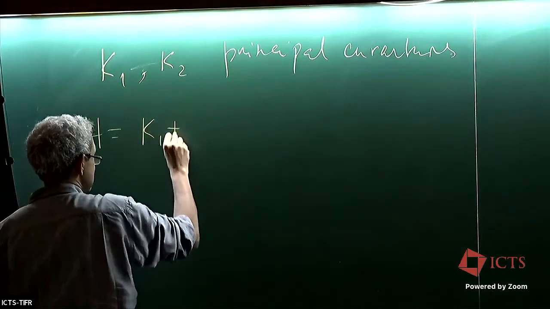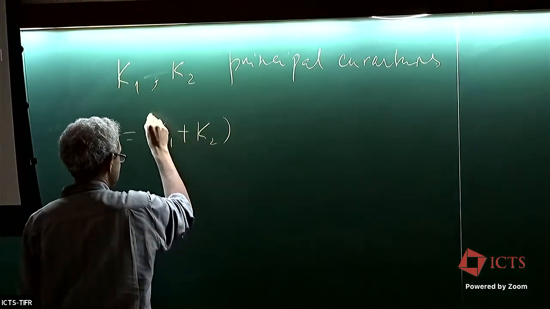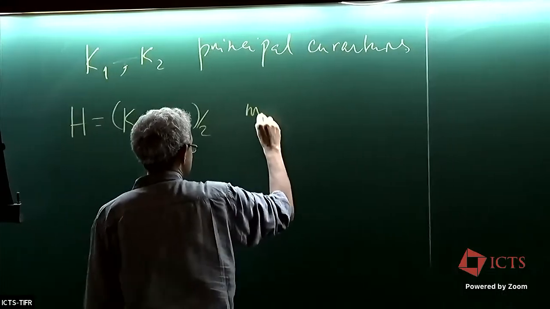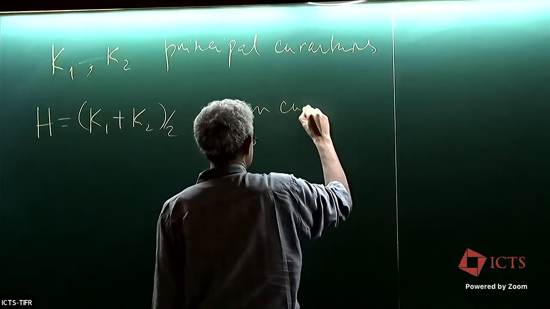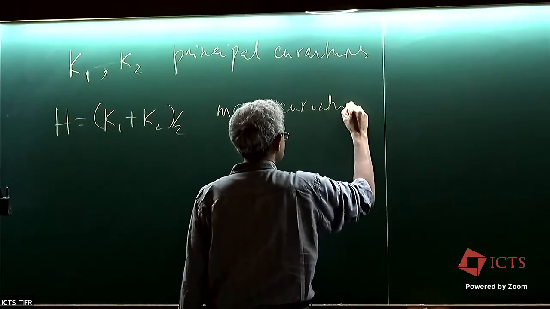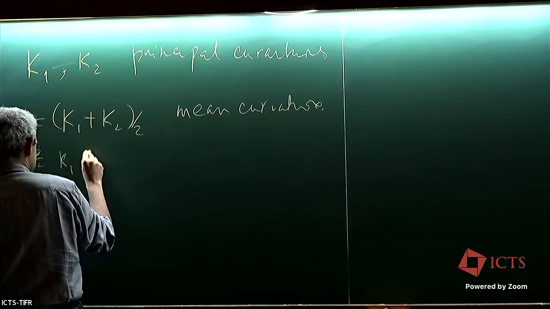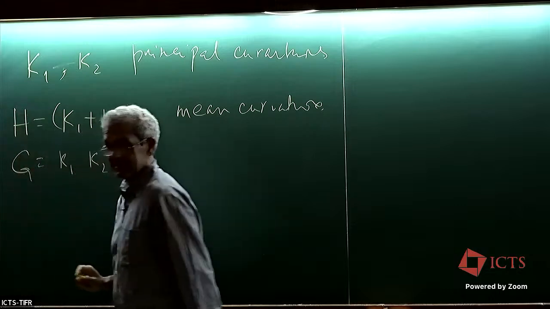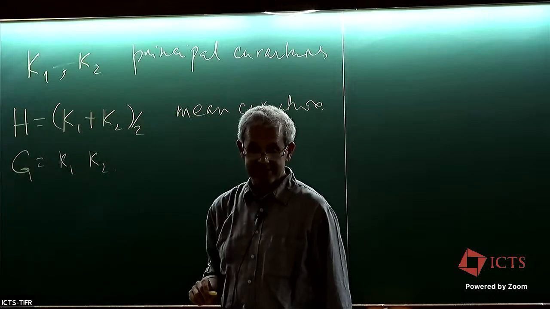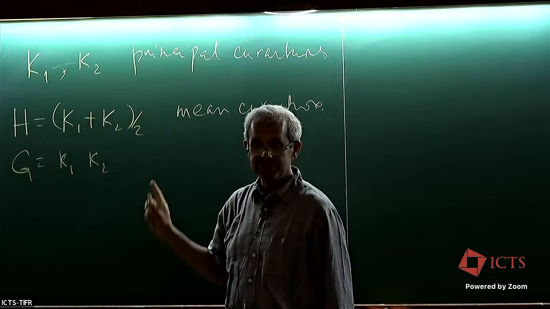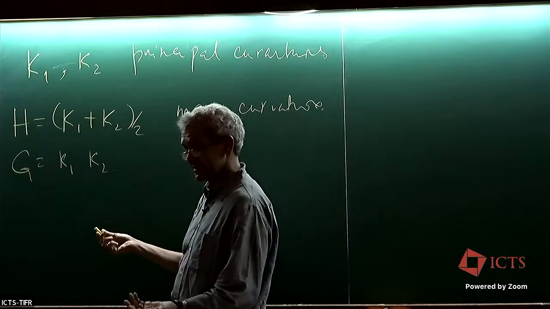This is the invariant we have used a lot, right? This is the mean curvature. Here's the other invariant. So Gauss says, please don't change this. If you want to change this number, you'll have to stretch.